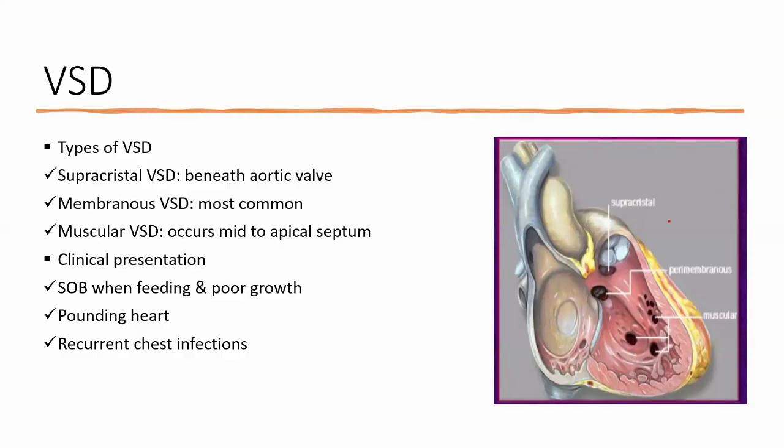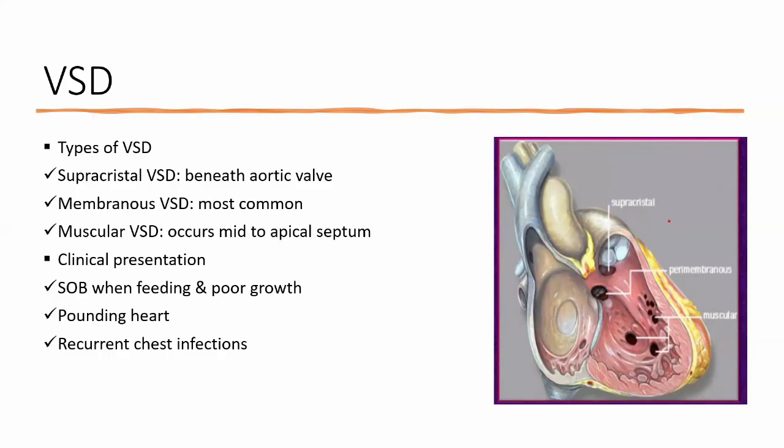With a small VSD, patients are usually asymptomatic with normal growth and development. But once they have a moderate to large VSD, we usually see delayed growth and development and a decreased level of activity. They usually end up with repeated pulmonary infections, and congestive heart failure is relatively common during infancy.